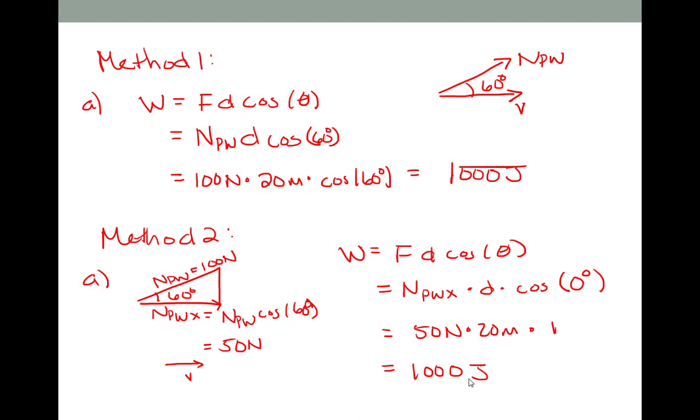Okay, we've got part A done in 2 ways. Let's now move on to part B. How much work does friction do?